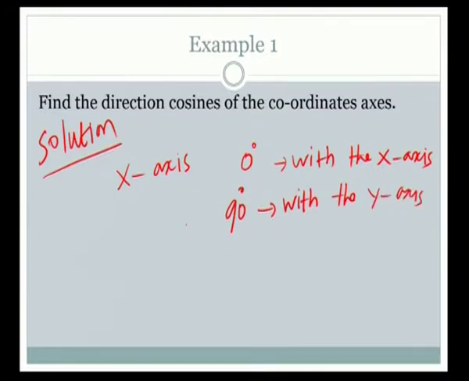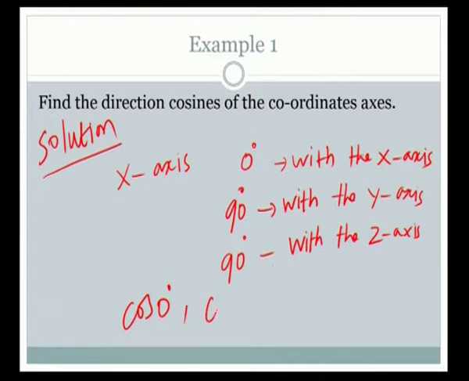Then this x axis again makes an angle 90 degree with the z axis. So, the direction cosine of the x axis will be cos 0 degree, cos 90 degree, cos 90 degree.